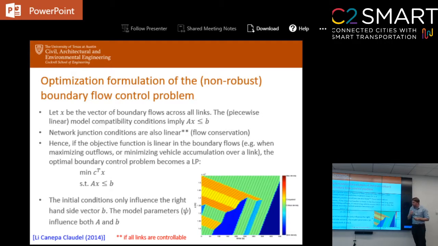So what we want to do next is how to incorporate the effects of these initial conditions to still maximize the flow. So this is an example of a flow maximization problem. You see already that on this flow maximization problem on a single link, you have a certain set of initial conditions.